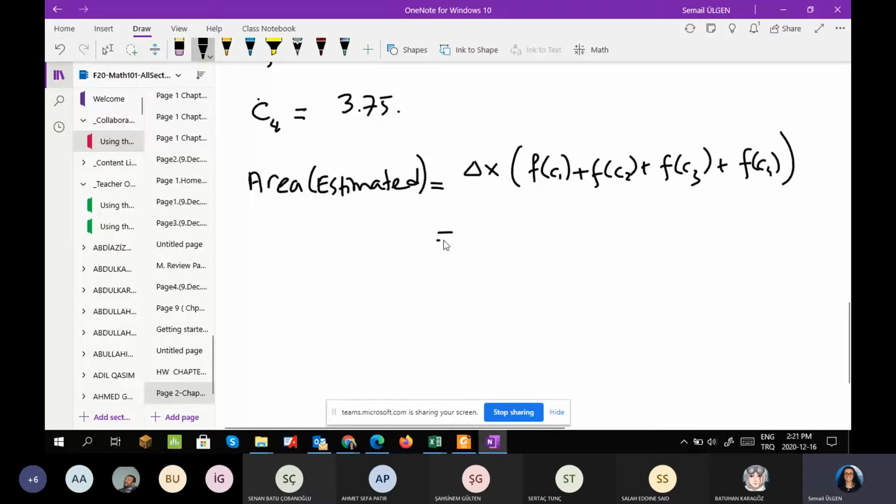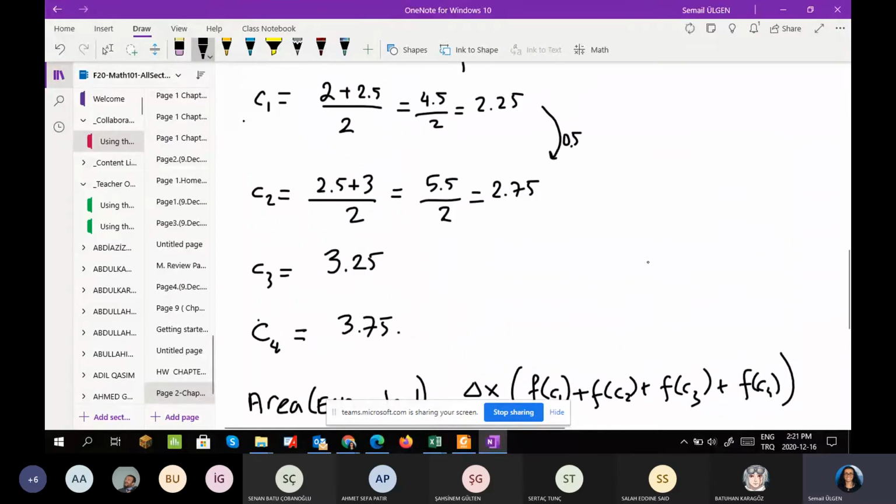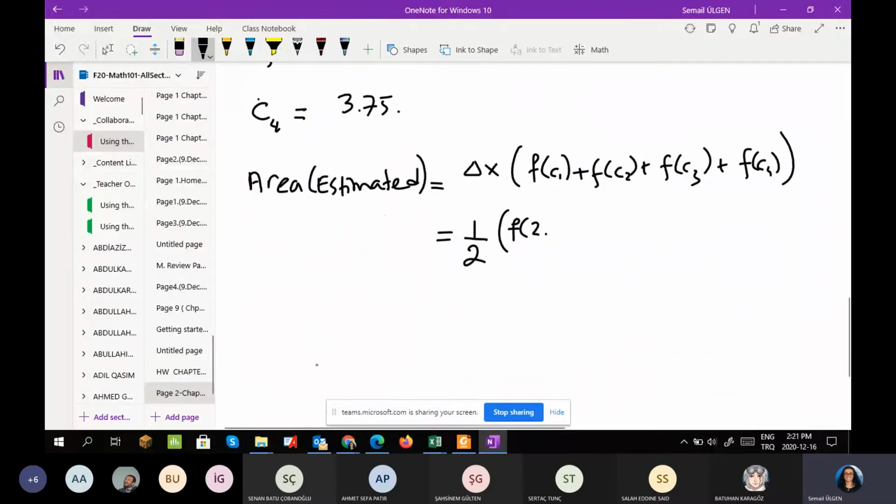Delta x is equal to 1 over 2, yeah? f of c1 is f of 2.25 it was, right? 2.25, 2.75, okay. 2.25 plus f of 2.75 plus f of 3.25. I mean, is it? Yeah. Plus f of 3.75. I'm just double checking. That's why I just hesitated.